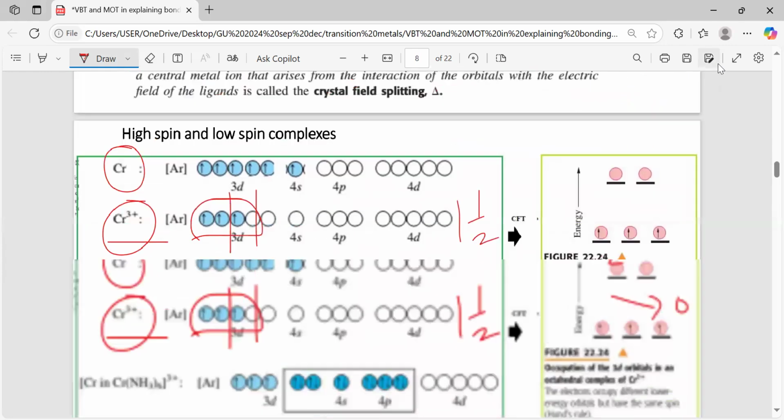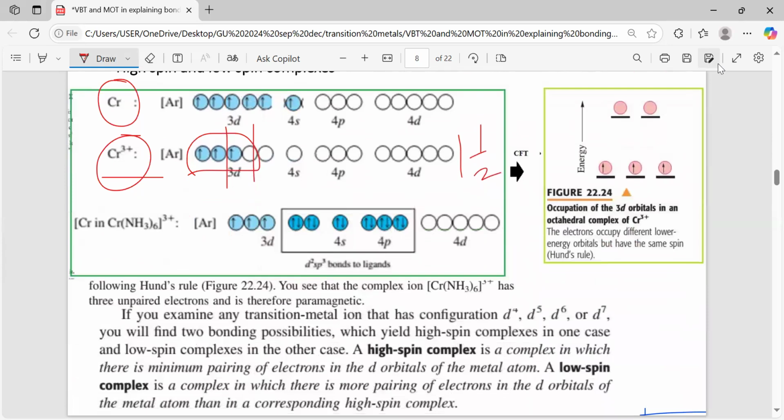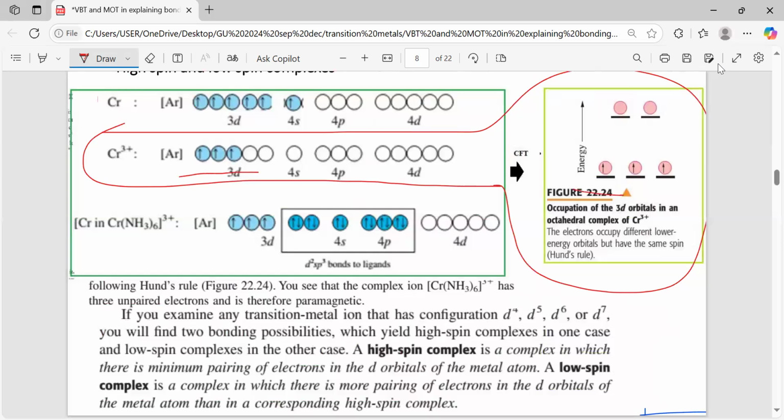So we move on. So if we now look specifically or directly on chromium ion, we look directly on that chromium ion. Okay, that's our chromium ion. If we look at it directly, what do we see? We see that these electrons will definitely occupy the low energy levels before they think of going to the upper energy levels.